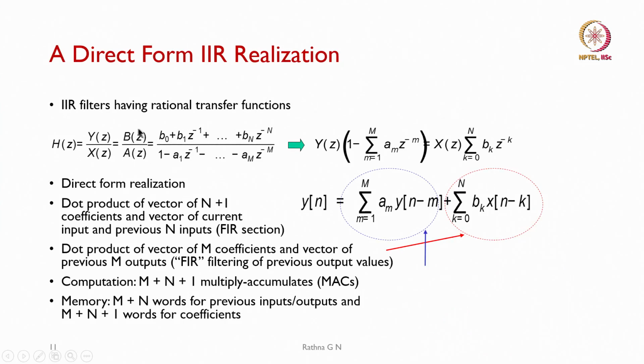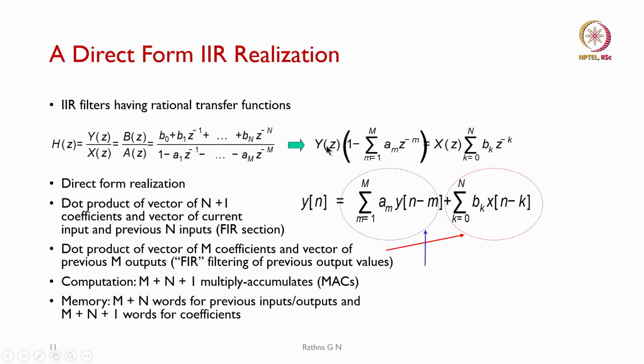We say that B of z represents our zeros and A of z represents our poles. B of z is given by b0 plus b1 z to the minus 1, up to bn z to the minus n. So, we have n zeros and m poles. A of z is 1 minus a1 z to the minus 1, and so on, up to minus am z to the minus m.